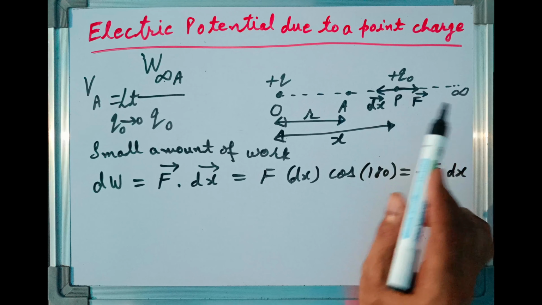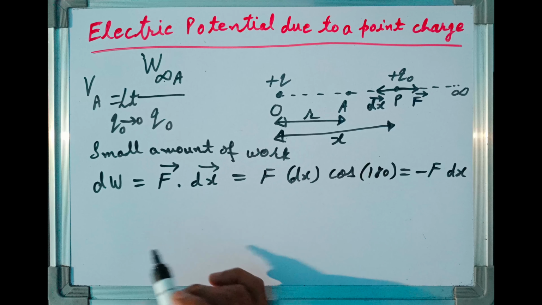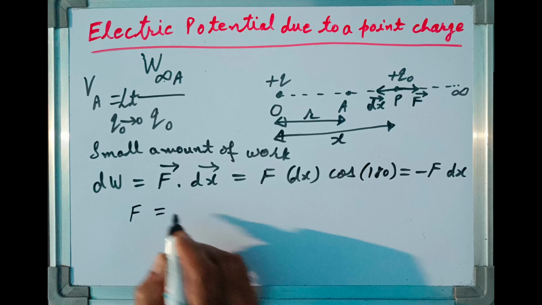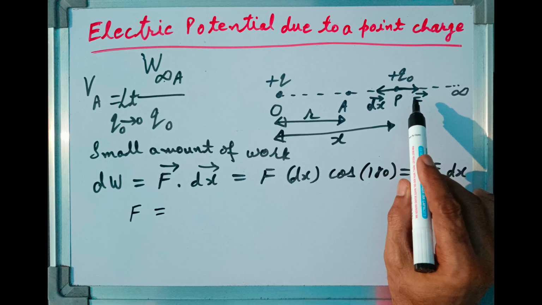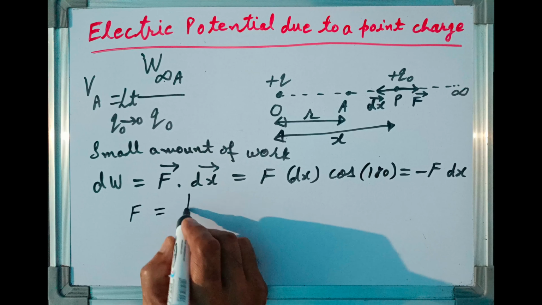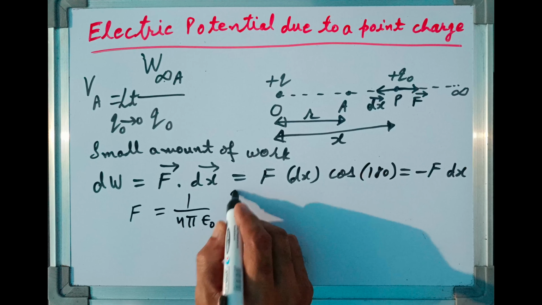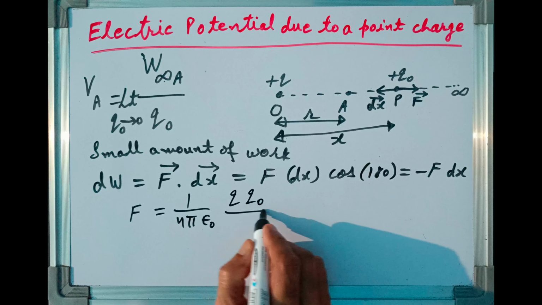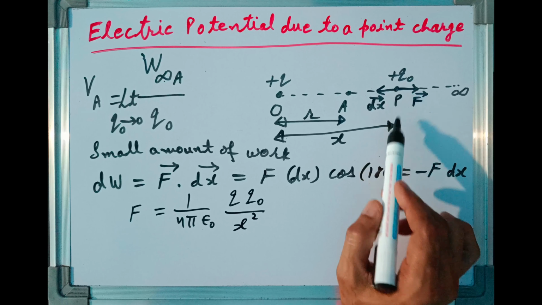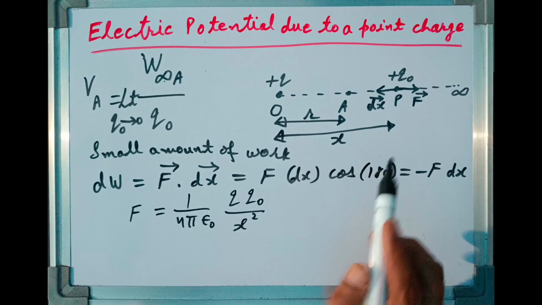In order to find total work done, I will have to integrate this equation. Before that, let me put the value of F. What is F? It is the Coulomb force acting on Q naught due to this point charge. Value of F can be written as 1 upon 4 pi epsilon naught Q naught divided by x square, because the distance between test charge and source charge at this location is x.